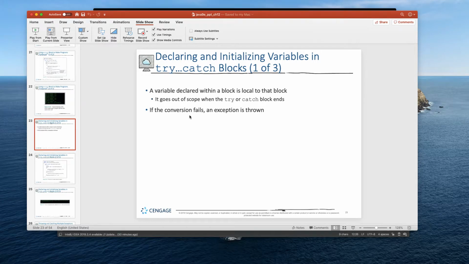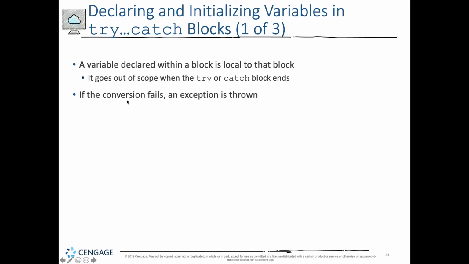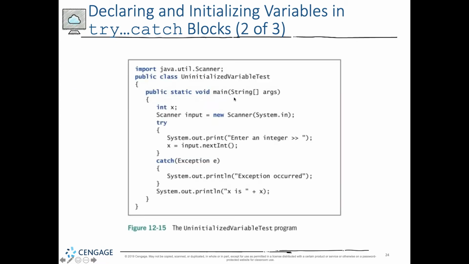Okay. So in this instance, if conversion fails, an exception is thrown, right? Inside the try block. So here we have int x, scanner input. They're taking the input from int x. They're assigning it just like I was doing earlier in the other example.